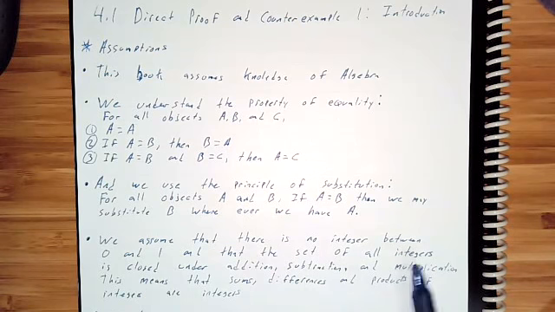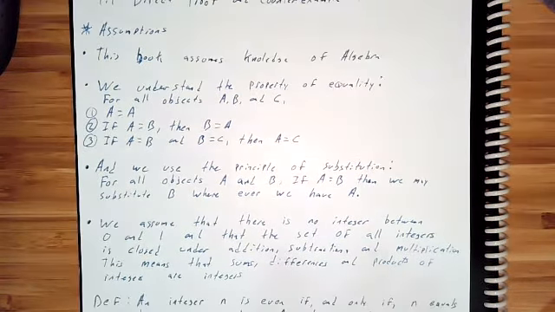And the set of all integers is closed under addition, subtraction, and multiplication. So this means that the sums, differences, and products of integers are still integers. So for example, if you have 2 plus 2, you get a 4, right? 4 is still an integer. 2 and 2 are integers. No matter what combination of numbers I choose, 5 plus 7, 5 minus 2, I'm always going to get an integer with addition, subtraction, and multiplication.